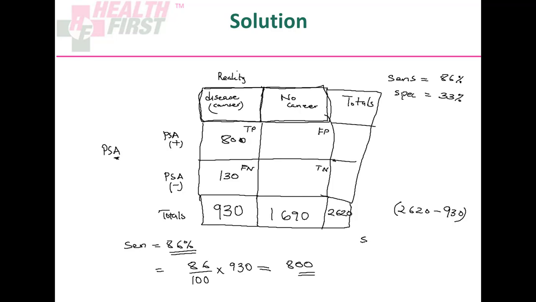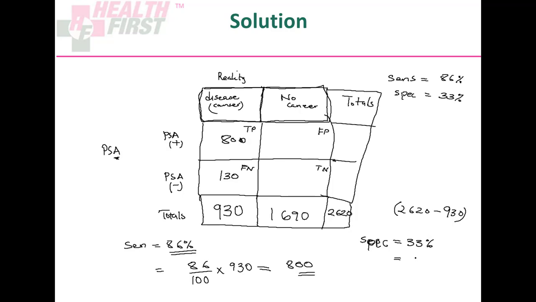We are told that the specificity is equal to 33%. It means that of the 1690 without disease, remember that specificity concerns itself with correctly identifying individuals without disease. So this 33% refers to the correct proportion of individuals without disease who have been correctly identified, right?